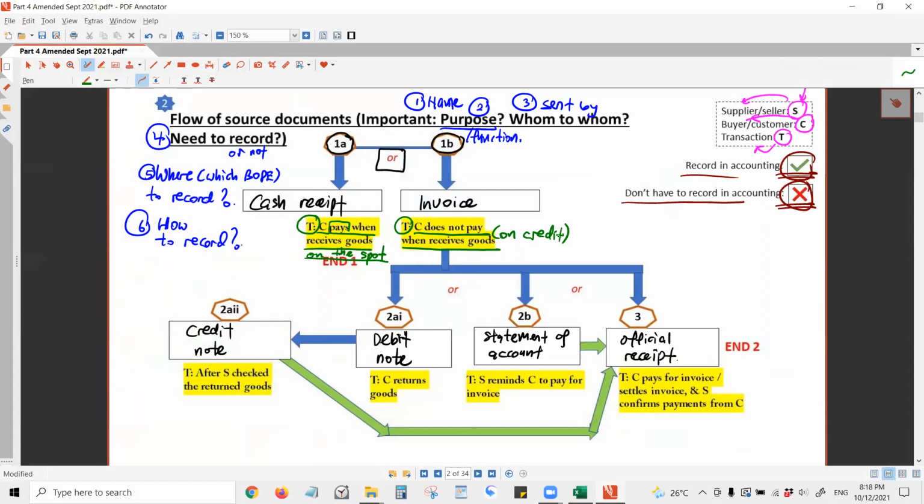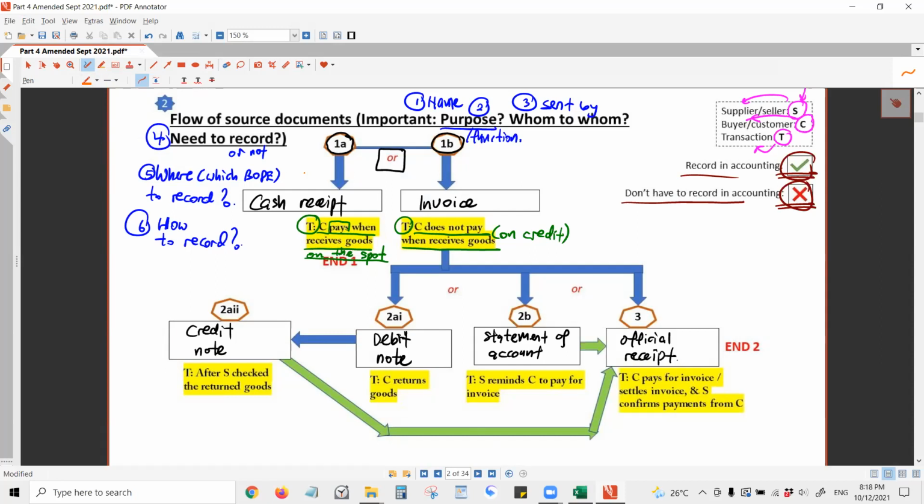Okay, we sell goods on credit, or you call it as customer buying goods on credit. So if it's on credit, then you will see a different document. We call it as invoice. Simple. Okay. If you send goods and get money on the spot from customer, we have cash receipt. If customers buy on credit, we will have invoice. Later, we are going to see how exactly they look like. Okay. How does cash receipt look like?